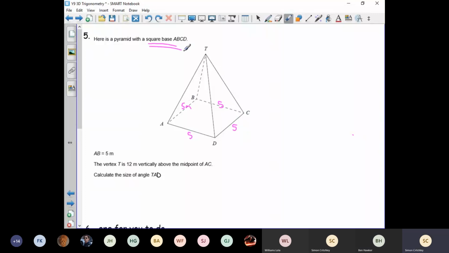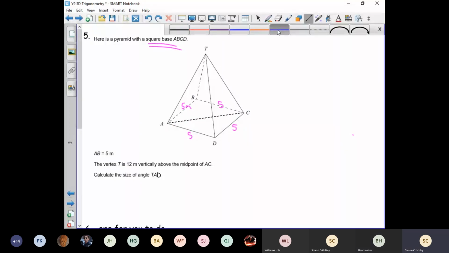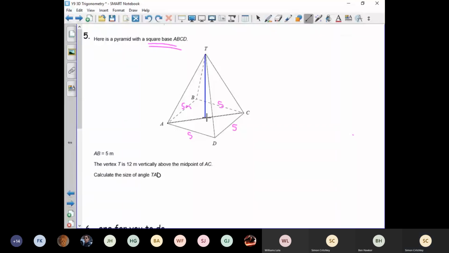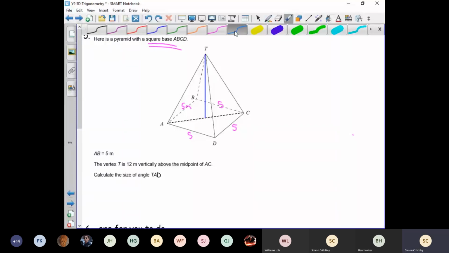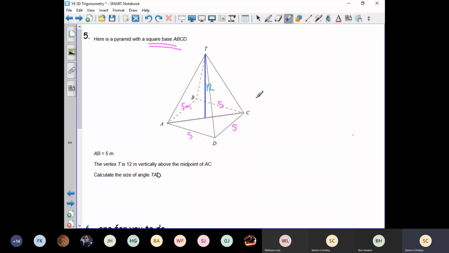We've got the vertex T is 12 meters vertically above the midpoint of A to C. And we've got that T is vertically above that midpoint, and that is 12 in there. Lovely.